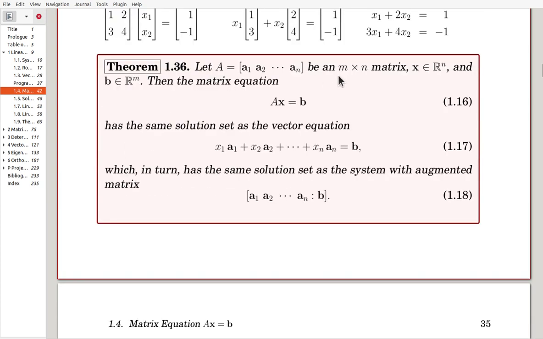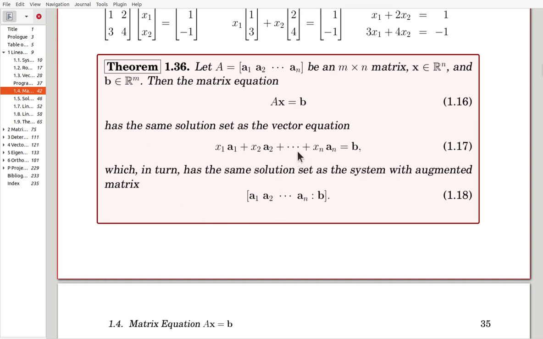A is an m by n matrix having columns A1 to An, X is in Rn, and B is in Rm. Then the matrix equation has the same solution set as the vector equation, because this one and that one are the same, which in turn has the same solution set as the system with the augmented matrix.